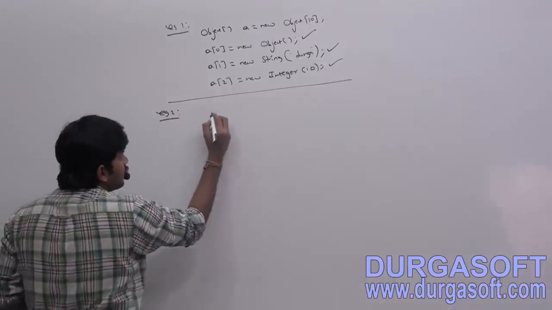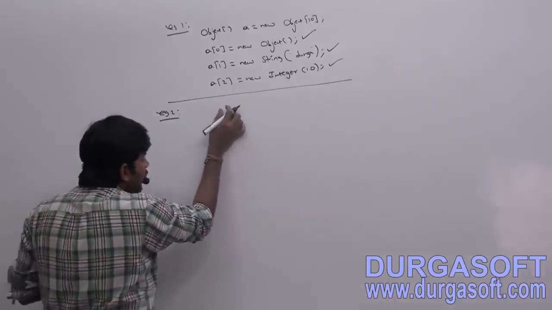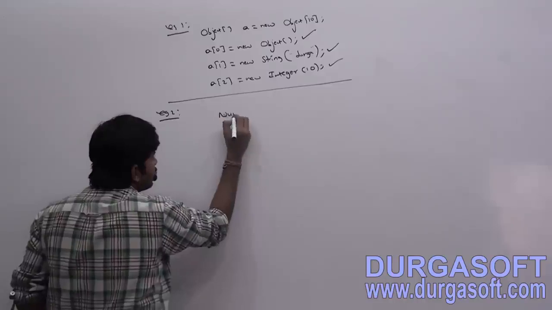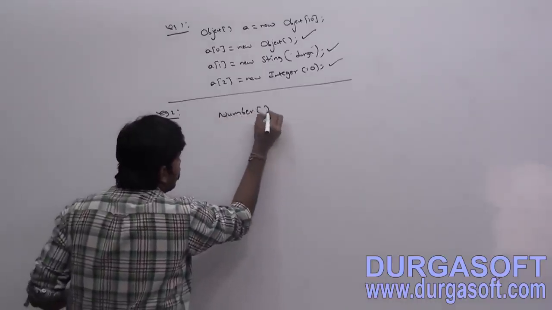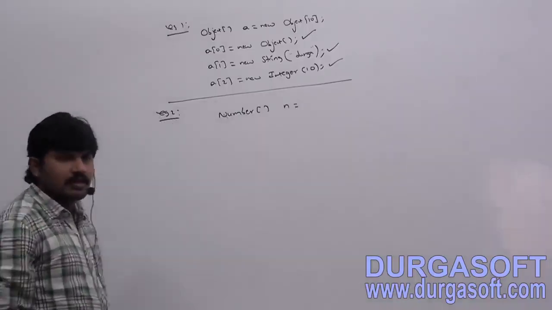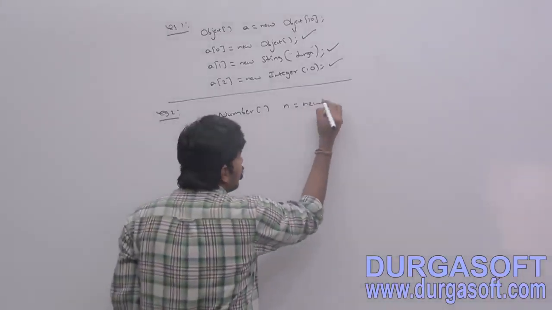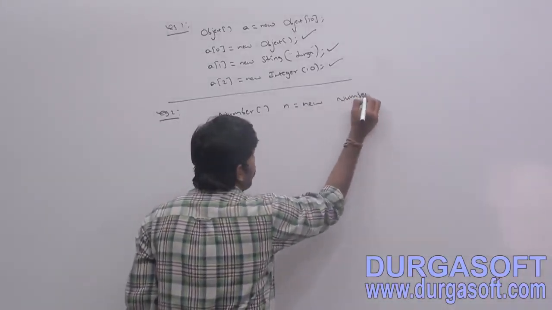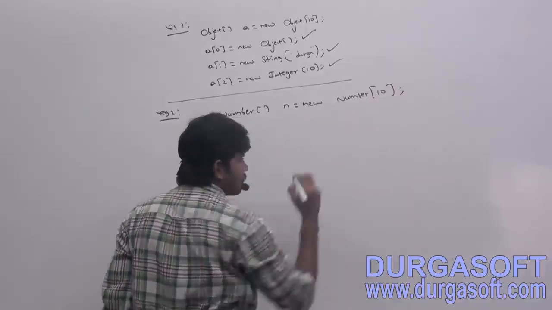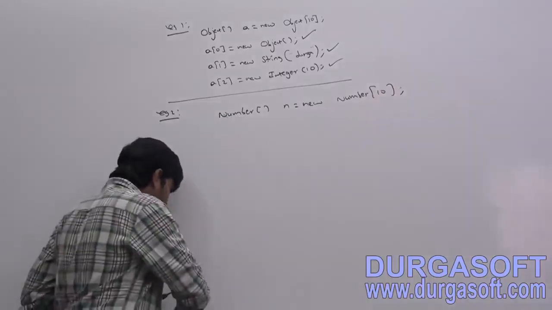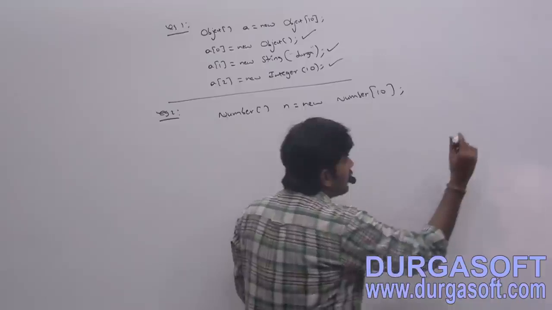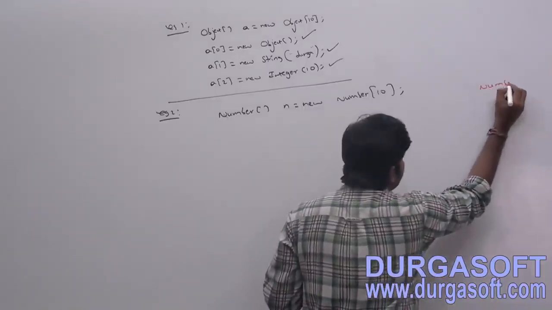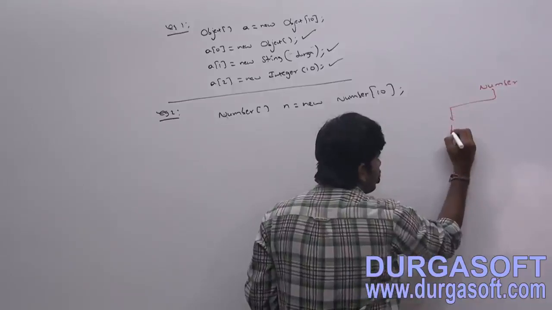Let me take example 2. Here I am taking a Number array: Number[] n = new Number[10]. Do you know the child classes of Number?